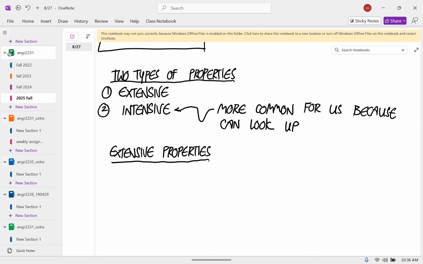So the key thing about extensive properties is they're only defined if you choose an amount of material.